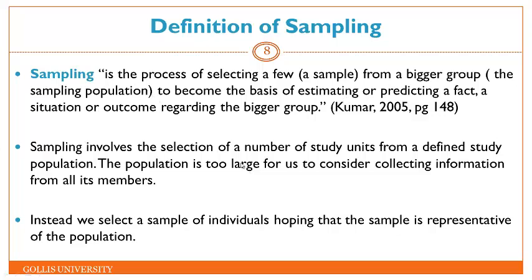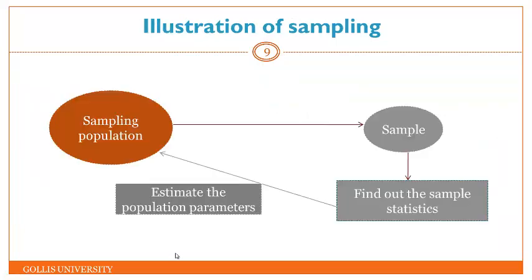So sampling involves the selection of a number of study units from a defined study population. Now the population is too large for us to consider collecting information from all its members, and that is why we apply the concept of sampling. Instead, we select a sample of individuals, hoping that the sample is going to be representative of the population that we are investigating. This diagram illustrates the concept of sampling.